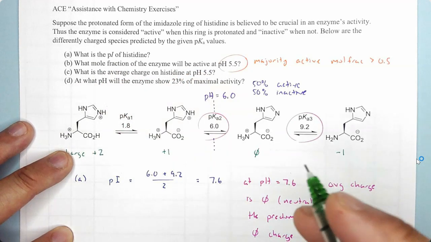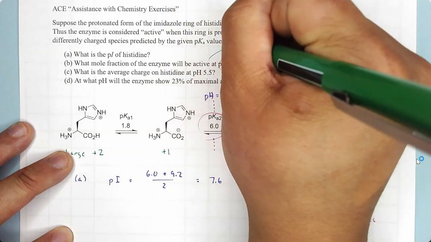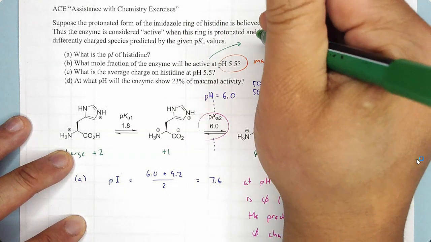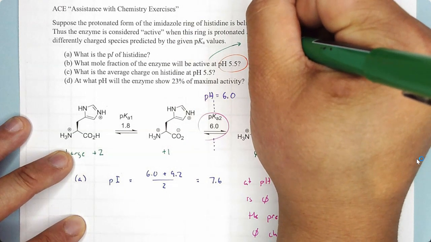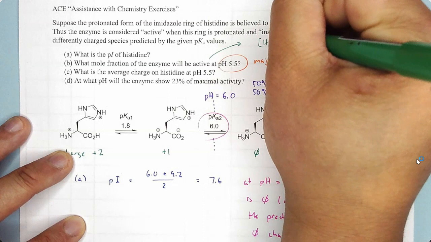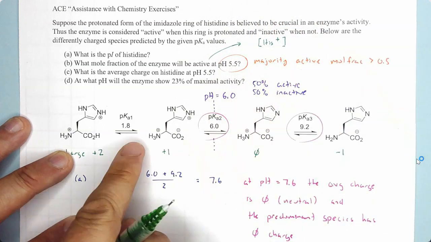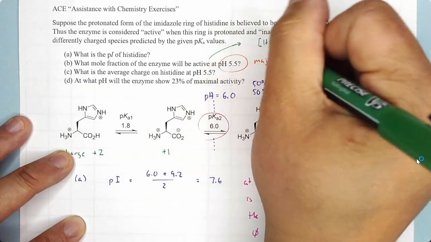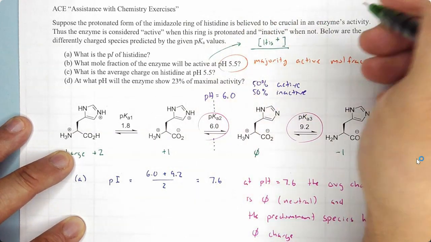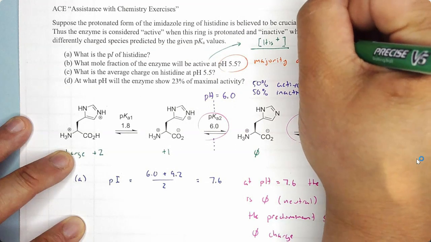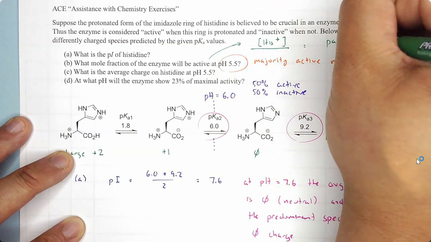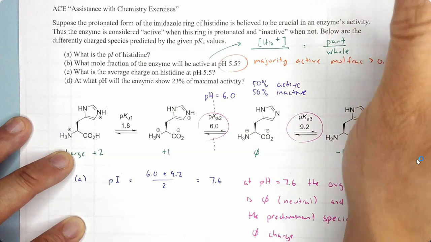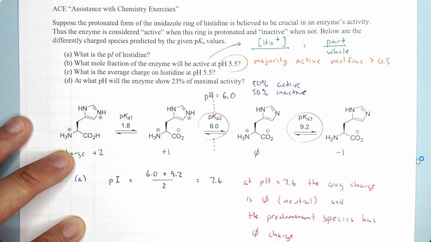And so what that really means is that we have the active form, which is, let's abbreviate it, His plus, when the ring is positively charged. And the mole fraction is part over whole. So the part that's active over the whole, which is the active plus the inactive.